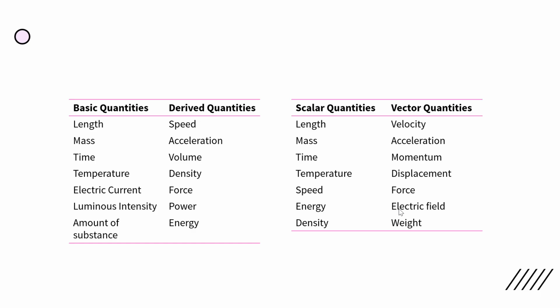Examples of scalar quantities, we have length, mass, time, temperature, speed, energy, and density. So these physical quantities can be completely described by its magnitude only. And we have the vector quantities like velocity, acceleration, momentum, displacement, force, electric field, and weight.